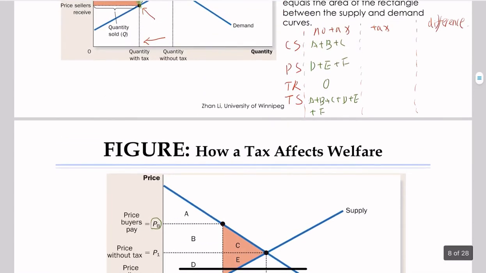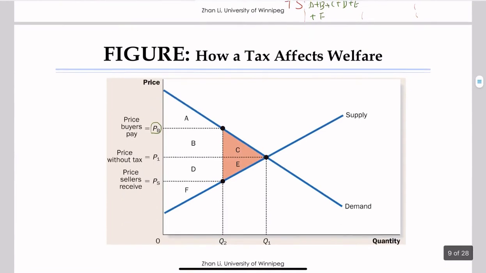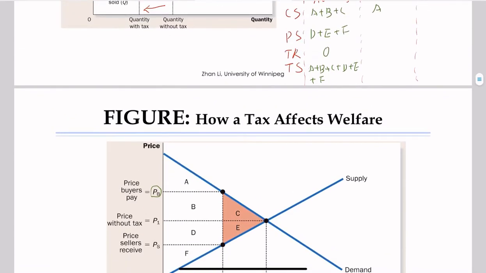So consumer surplus here is just A. And if you look at this graph, after imposing tax, price received by sellers becomes PS. So in this case, producer surplus is just given by F.